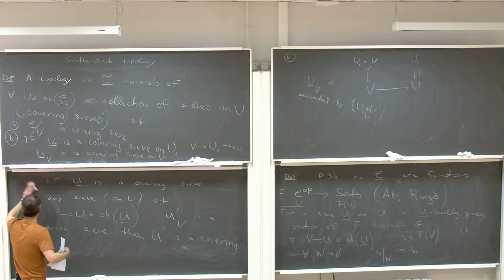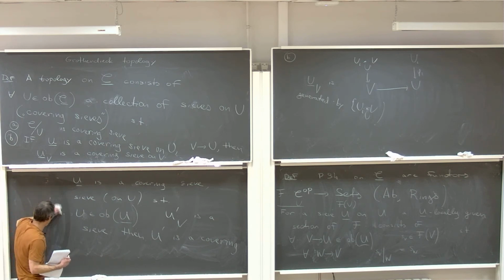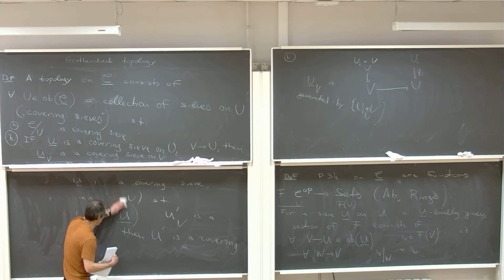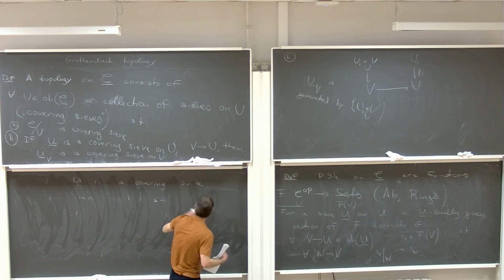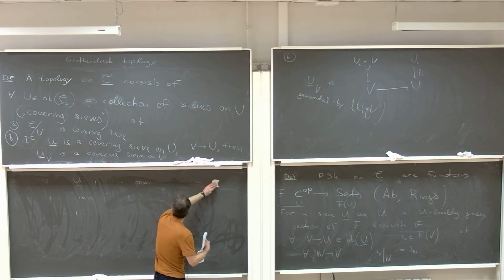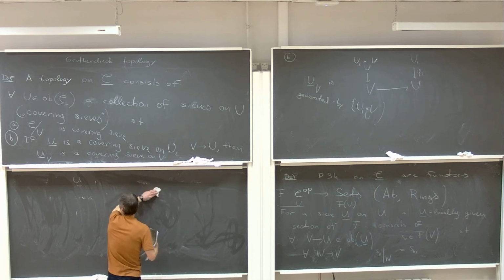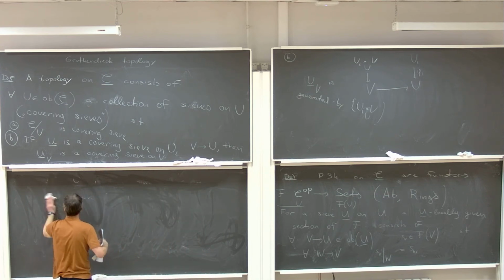Now the main definition of this lecture is the following: a presheaf is a sheaf if every locally given section comes from a unique true section.